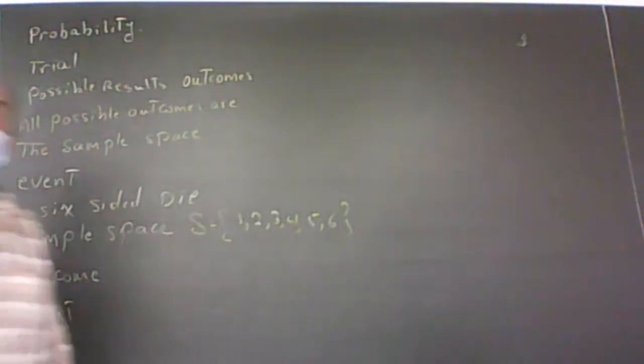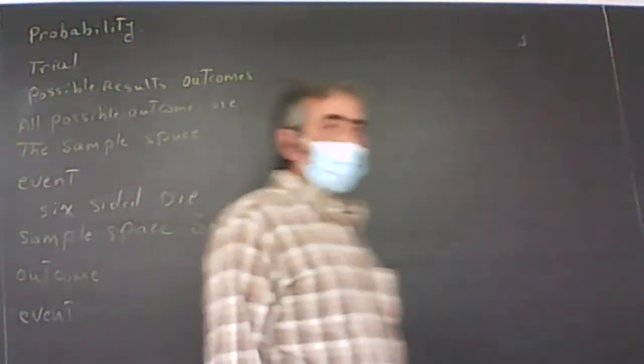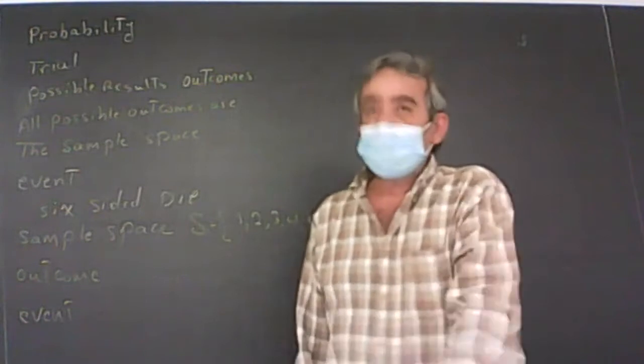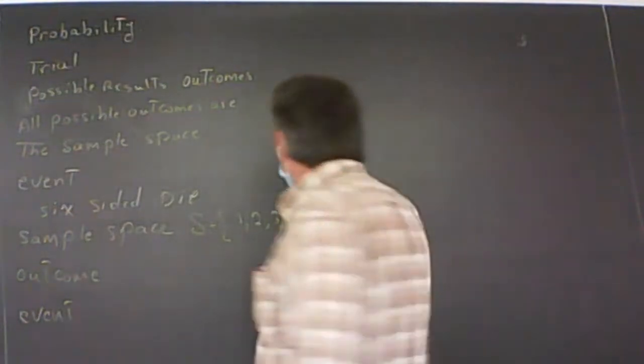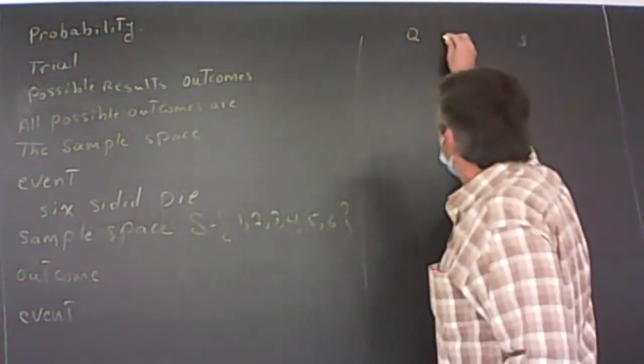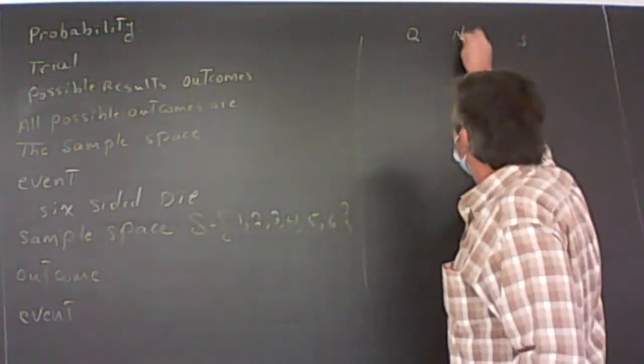In this case, every outcome consists of a pair, because when you have 2 coins, you're going to see 2 things. So what are the possible outcomes?